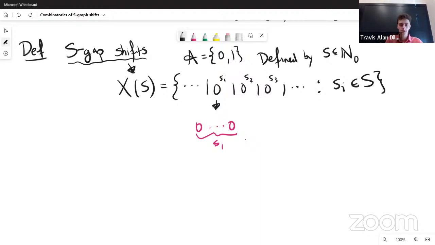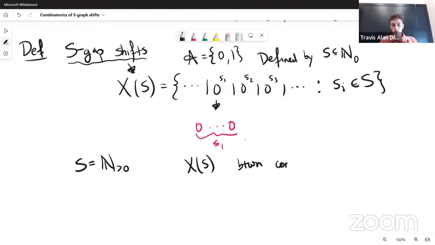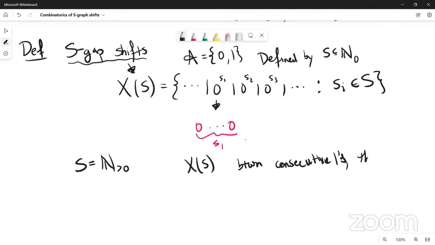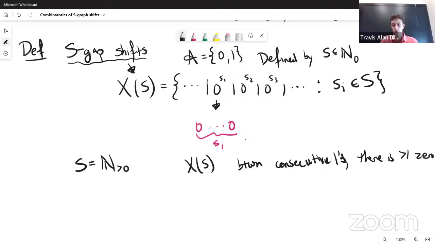And as an example, if we take S to be the positive integers, so not including 0, then X of S is the set of all sequences where between consecutive ones there is at least one 0.